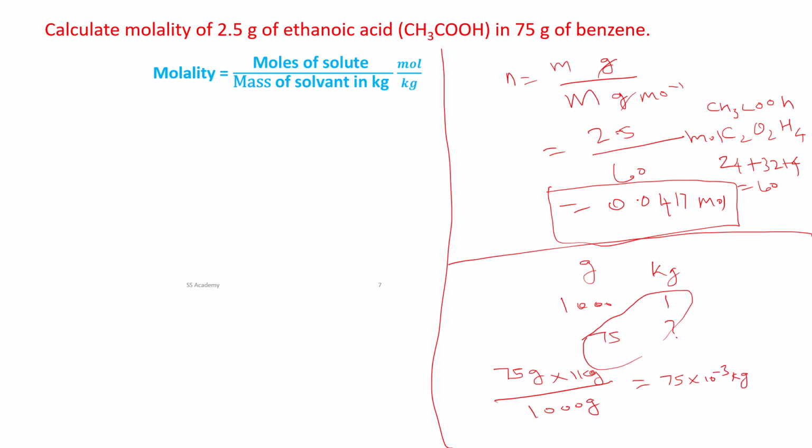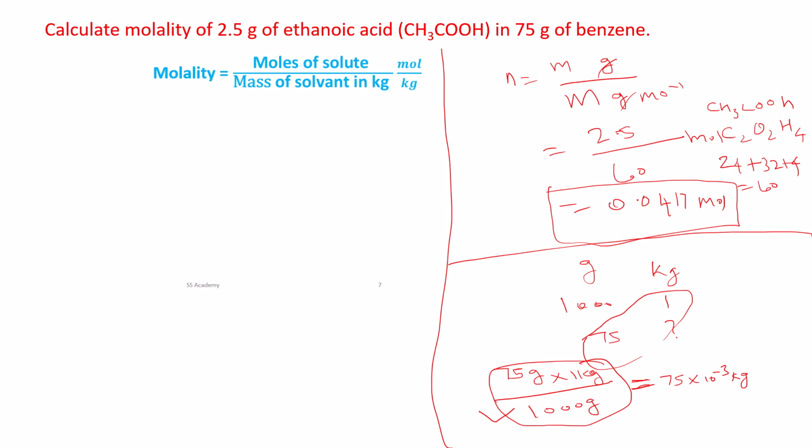So this is in kilogram. If you multiply and divide by 1000 gram, this is also kilogram. So both are the same. We can use this one or this one. It doesn't matter. We use this one, similar to our previous problem, for our simplicity only.